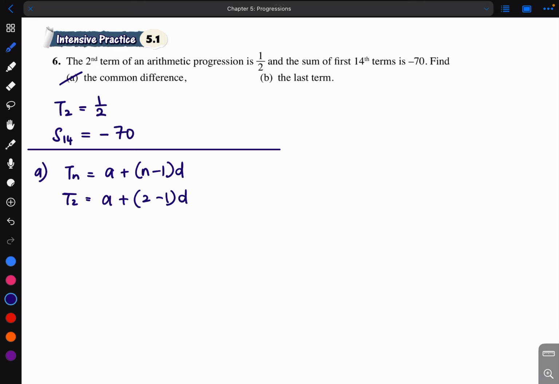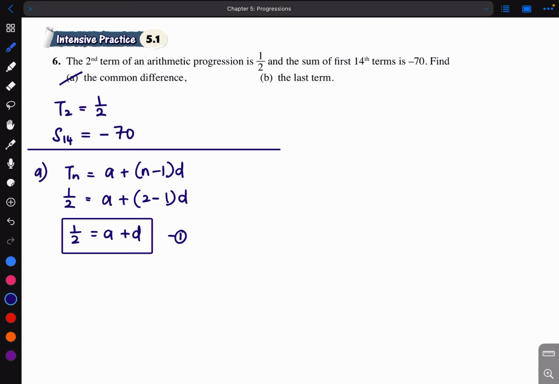We know T2 is 1 over 2, so we can sub this with 1 over 2. Then we can simplify this because 2 minus 1 is just 1. So 1 over 2 is a plus 1d. This is equation number 1.